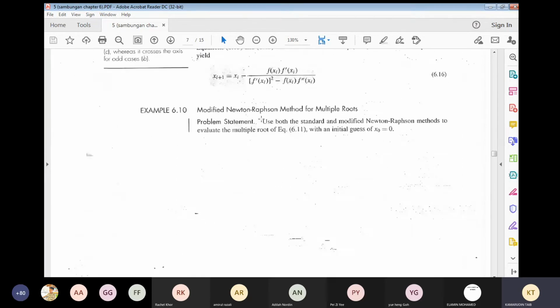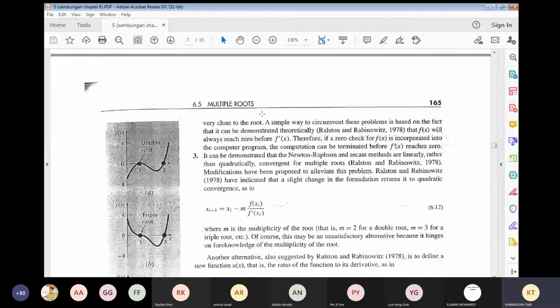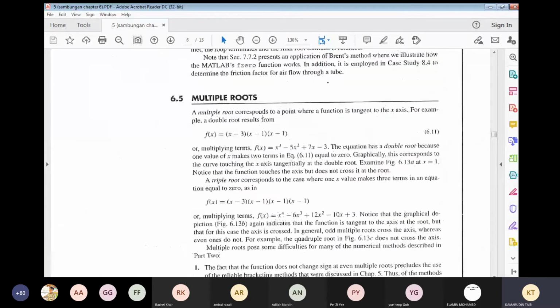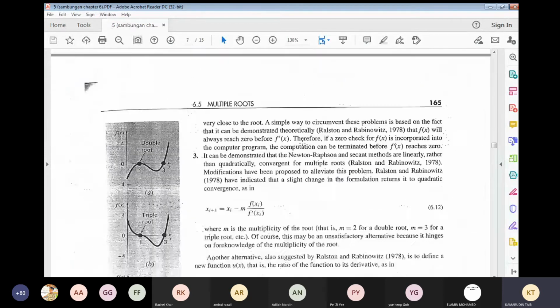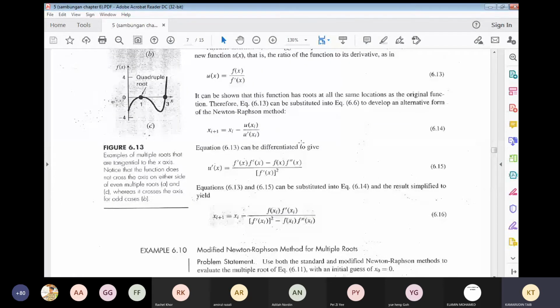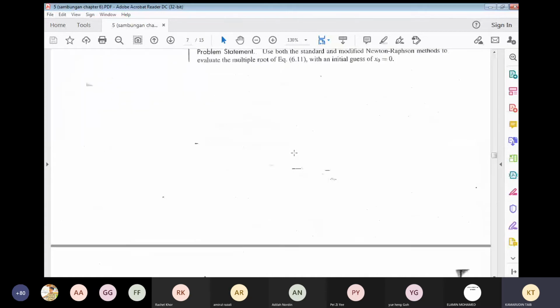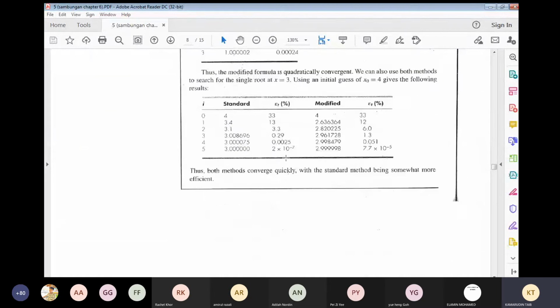Because x equal 1 is repeated twice, that is a double root, and it tends to converge faster using the multiple root Newton-Raphson approach. Okay.